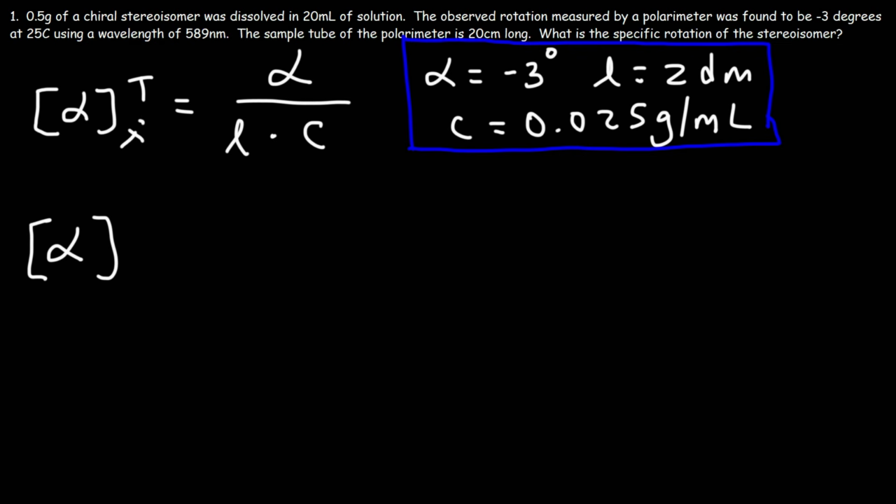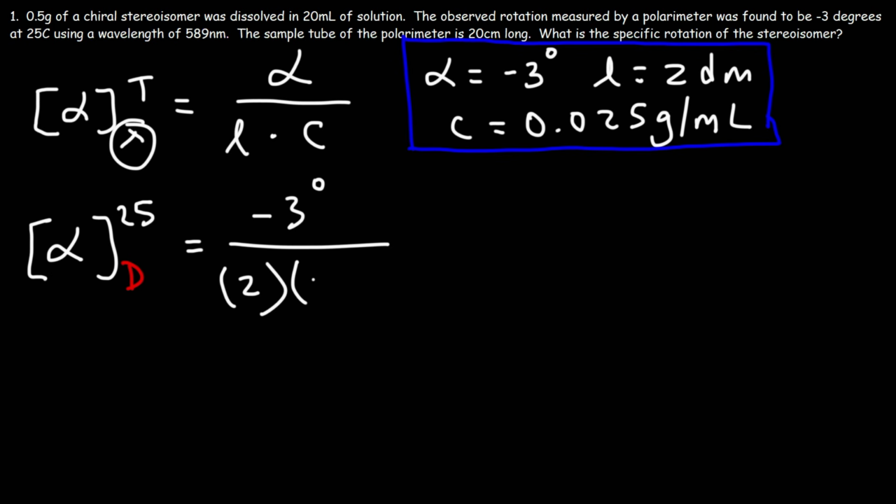So first, let's replace the wavelength with 589 nanometers, which corresponds to the wavelength of the sodium D line. So we could just put D for that. The temperature is 25 degrees Celsius, so that's going to be the superscript. And then alpha is -3 degrees. L is 2 decimeters.